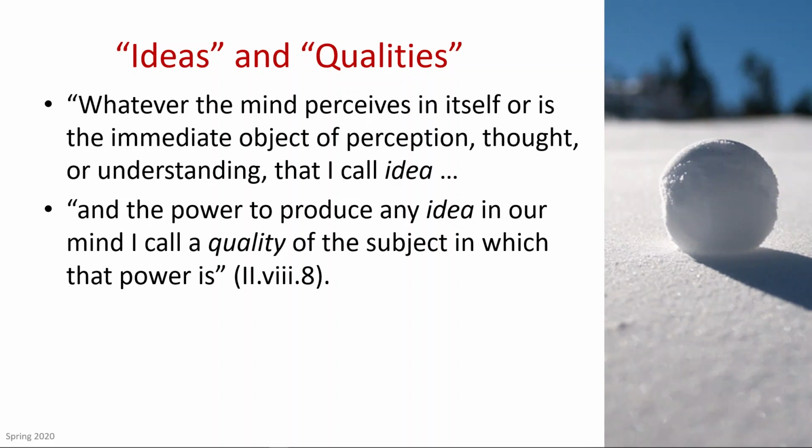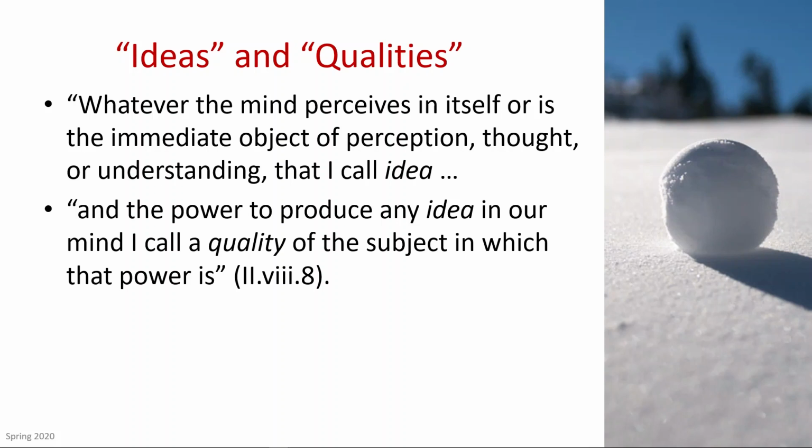So the quality is something in the thing itself, and to talk about an object having this or that quality is still referred to our own minds and how things have certain powers to produce different kinds of ideas.